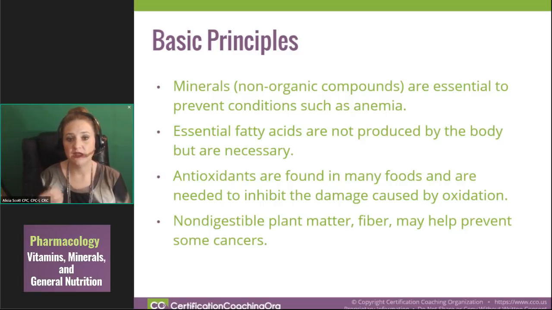So again, we need a good content of fiber in our diet because it helps prevent cancers, right? It keeps the digestive tract working at peak efficiency. Now, when we talk about fiber, it also helps with the disease process.